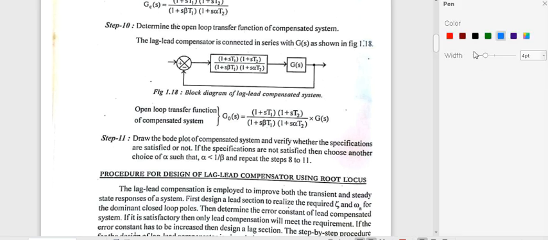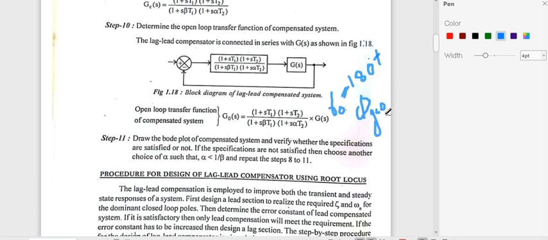The equation is gamma naught equals 180 plus phi GC naught. So from this G naught of S, write the equation of phi GC naught.